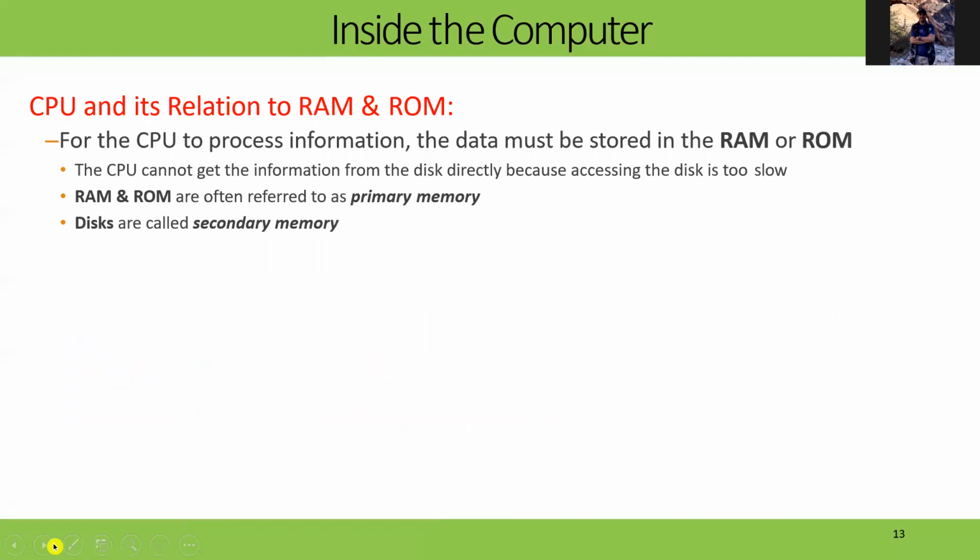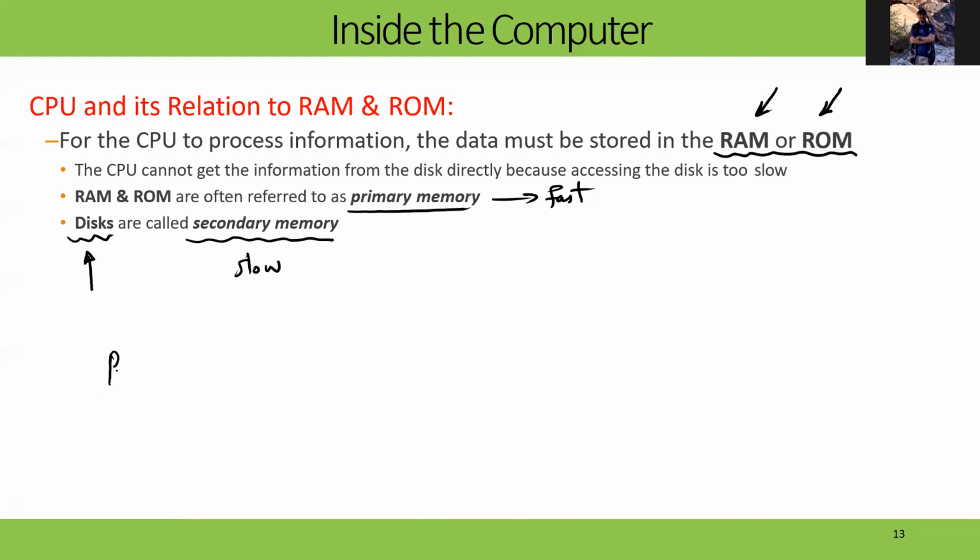The RAM and ROM, as we said, all the data in the computer must be stored in either RAM or ROM, and both of them are called primary memory because they are fast, faster than something else. What is this something else basically? It is a disk. So there are three main storage types in your computer: the RAM, the ROM, and the hard disk. But the hard disk is called secondary memory because it's very slow.